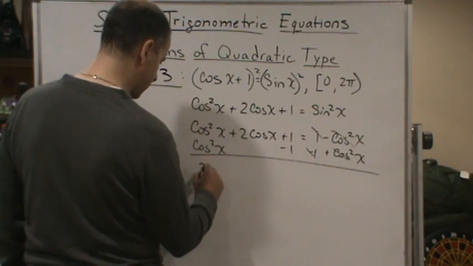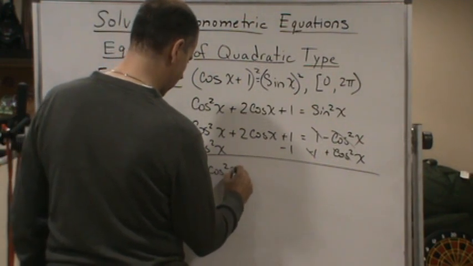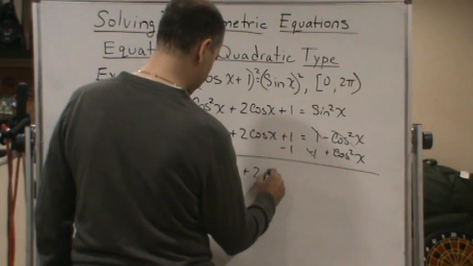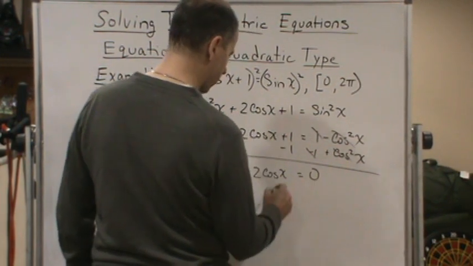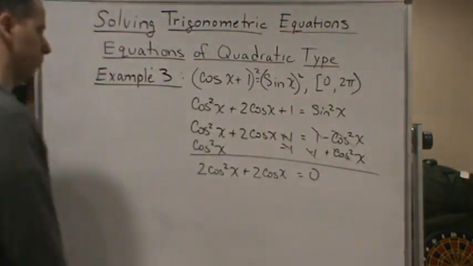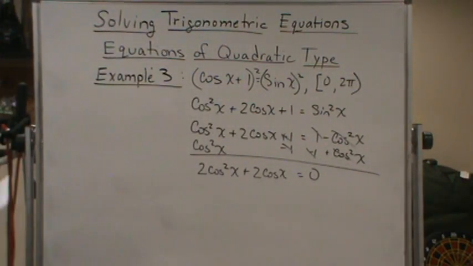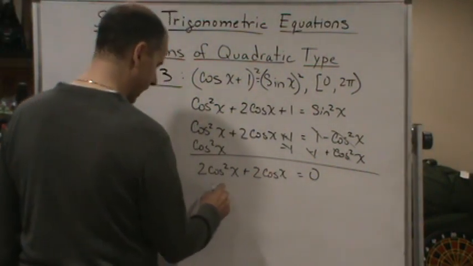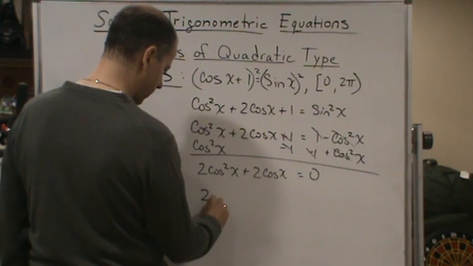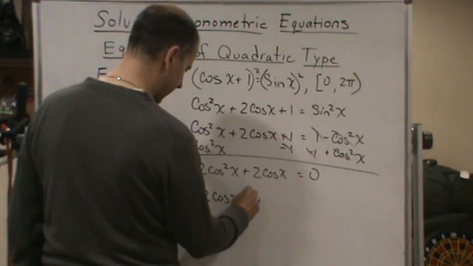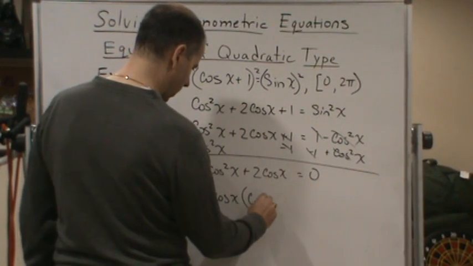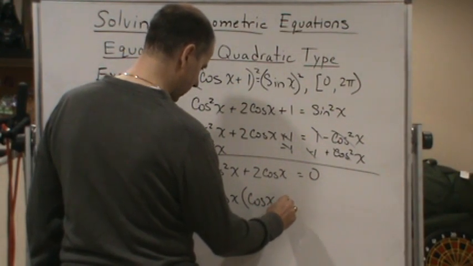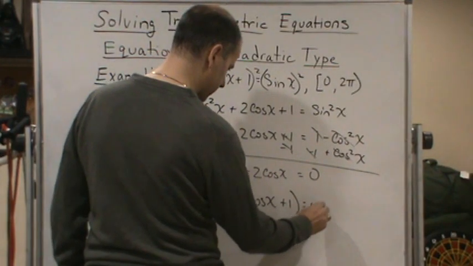I end up with 2 cosine squared x plus 2 cosine x equal to 0. And now I can factor out a cosine x, 2 cosine x actually. So 2 cosine x times the quantity cosine x plus 1 is equal to 0.